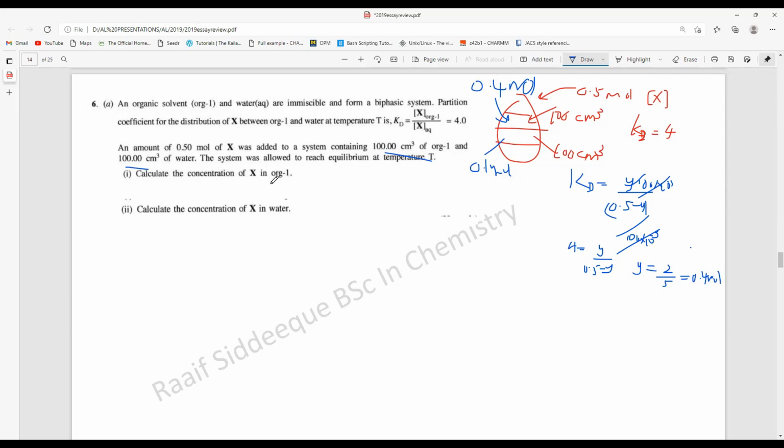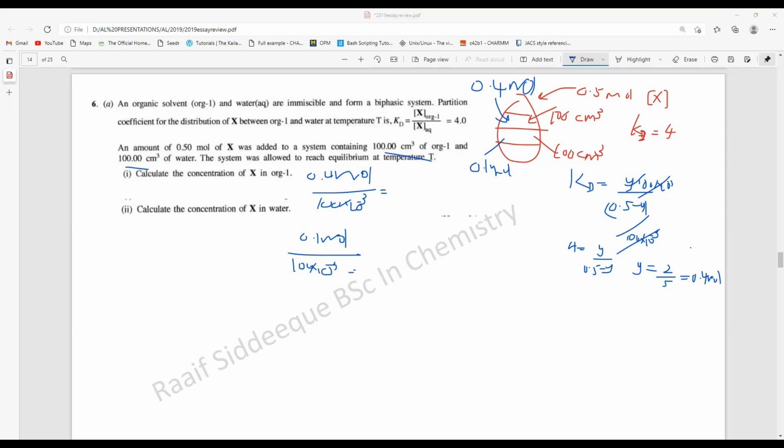To calculate the concentration in organic, it is 0.4 mole divided by 100 into 10 to the power minus 3. So you can find the concentration using this one. Concentration of X in water is 0.1 mole divided by 100 into 10 to the power minus 3.